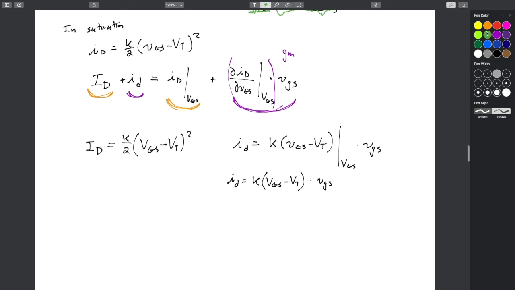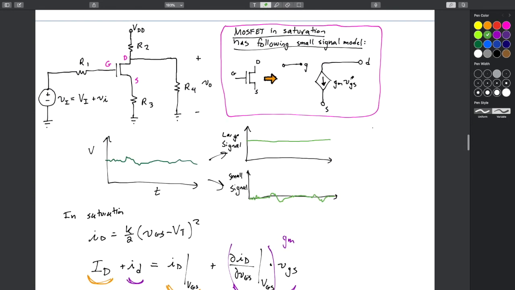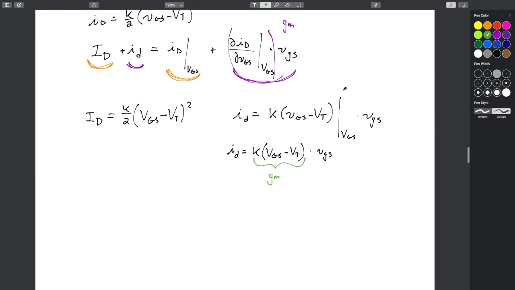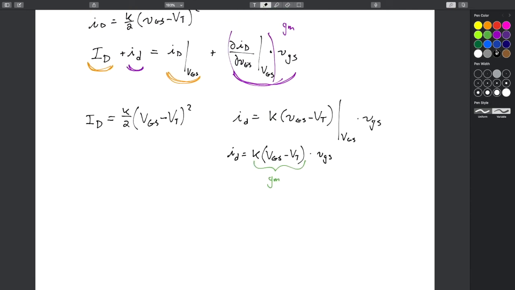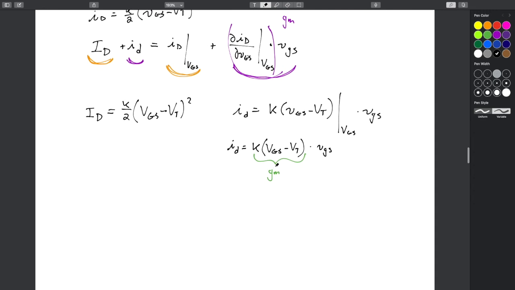This term right here is actually what we refer to as our gm, which is the term up here, interestingly enough. There's one other way with a MOSFET you can come up with your gm, and that is based off of looking at this relationship right here. So we can also see that if we were to take this and substitute it in, we could also come up with an expression, where the K's will cancel.